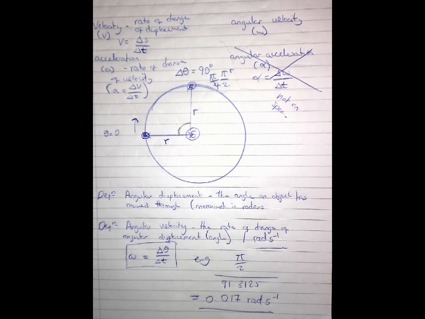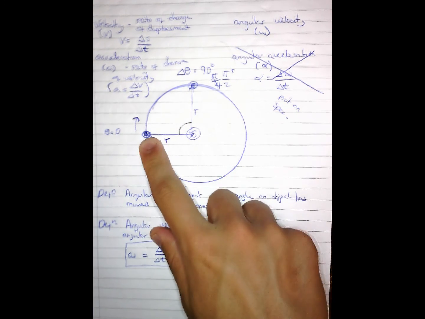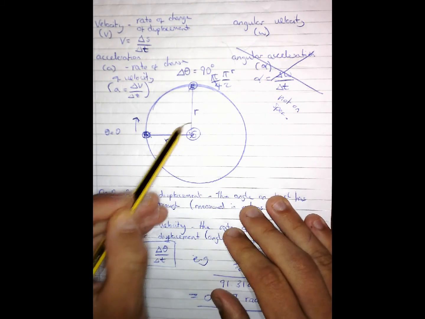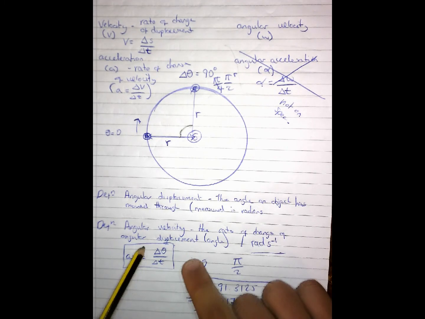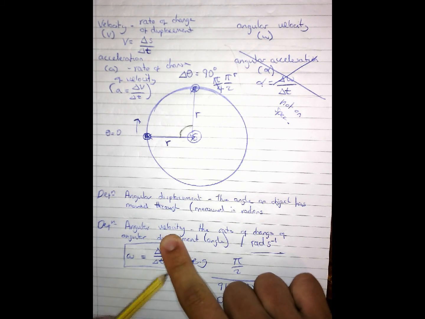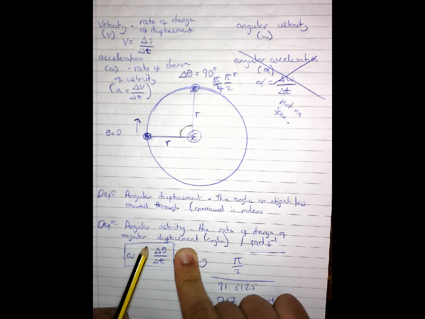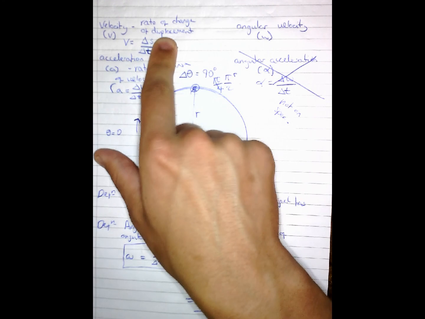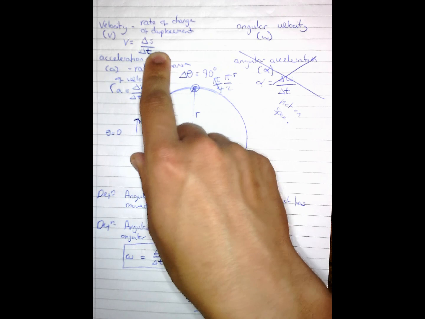So just to recap, through this example, looking at a top-down view of the Earth's orbit, we've seen that the angular displacement can be defined as the angle through which the object in circular motion is turning. And we can see that the angular velocity is the rate of change of angular displacement in the same way that regular velocity is just the rate of change of displacement, where the regular velocity is given by the displacement divided by time.